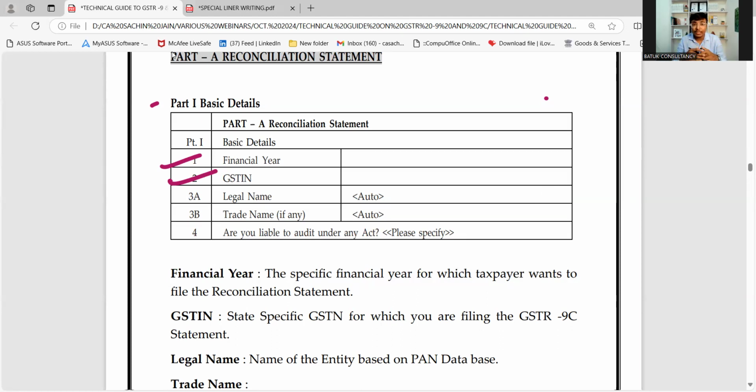In such a situation, you need to select yes, because you are providing the audited financial statement, and a financial statement is called audited when the audit has been done under another act. There may be chances that your books have already been audited under the Income Tax Act or Companies Act. Accordingly, you need to select the relevant clause here. So this is the very basic detail.